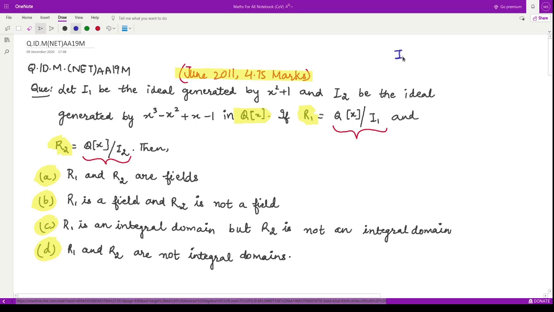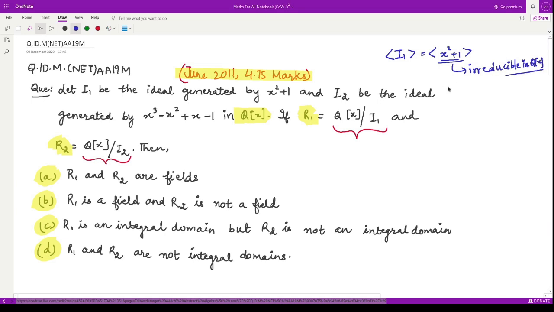Firstly, we'll check for I1. The I1 is generated by this polynomial x square plus 1. Now this polynomial is an irreducible polynomial in Q[x]. Why?